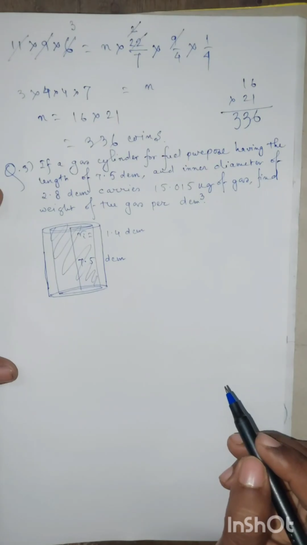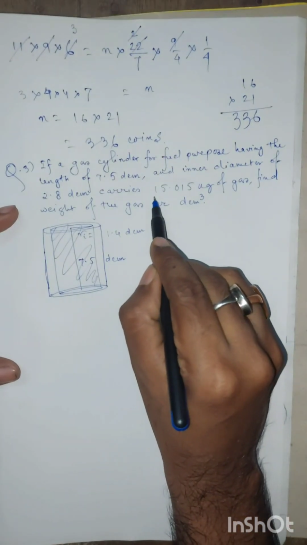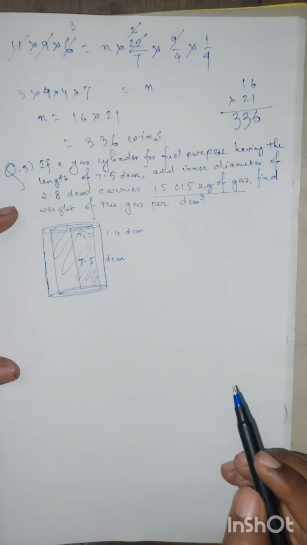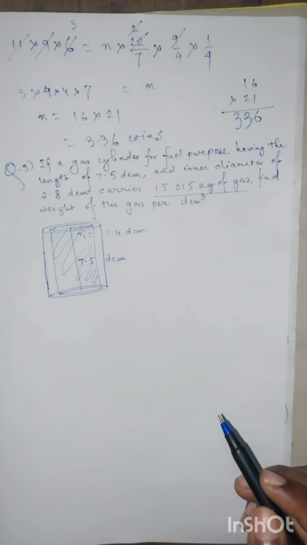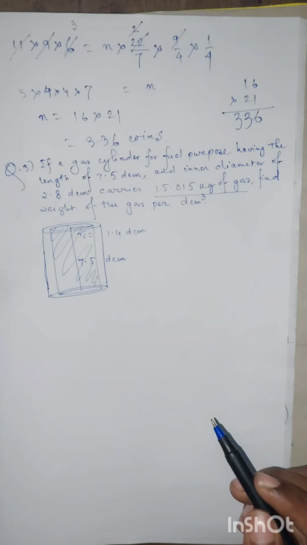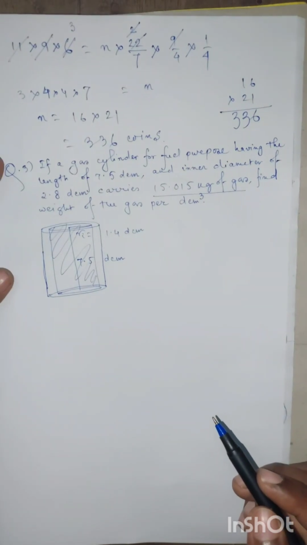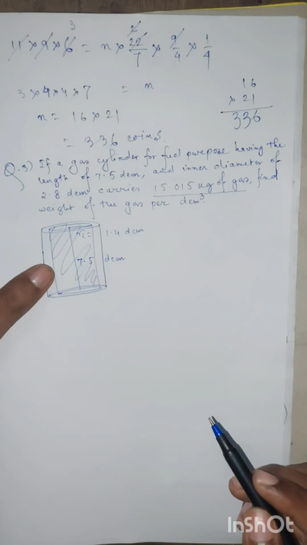Now it says that it carries 15.015 kg of gas. Now we are going to find the weight of the gas per decimeter cube. That means the density of the gas.